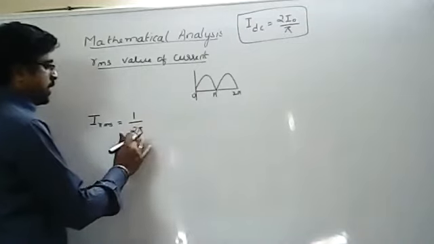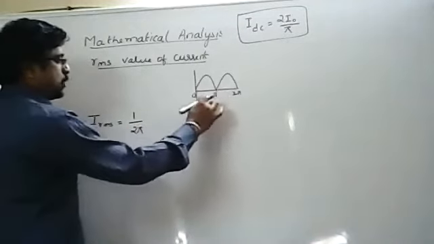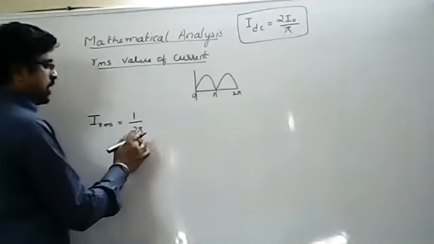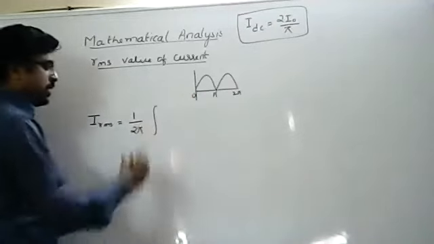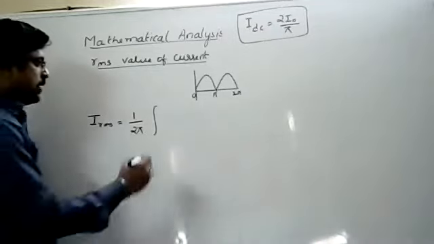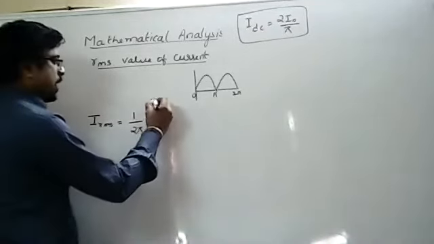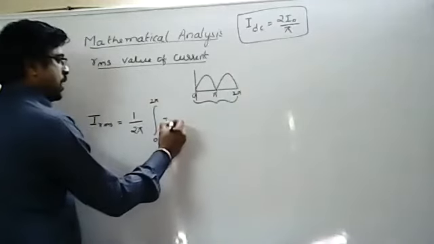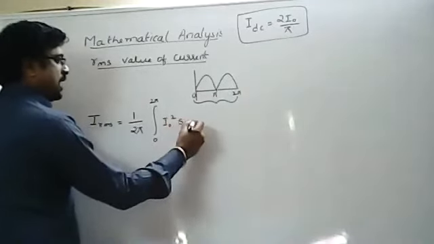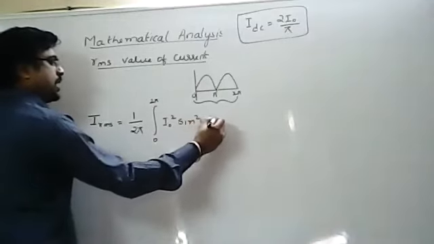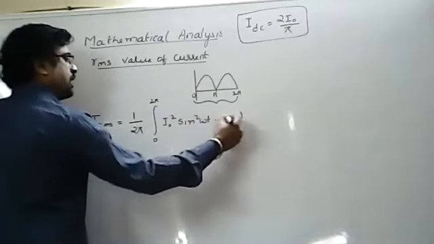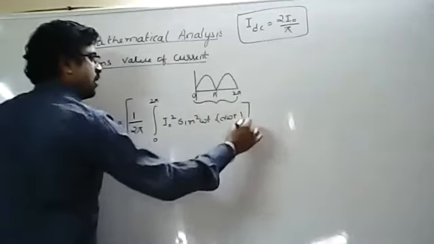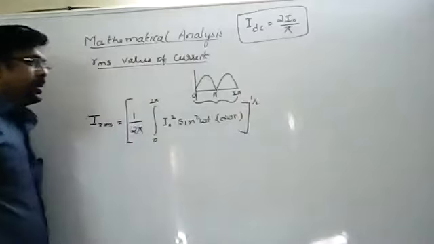That is why I am writing my period of calculation as 2 pi minus 0. Integral, first is 0 to 2 pi, for one complete cycle, of I naught square sine square omega t into d omega t.